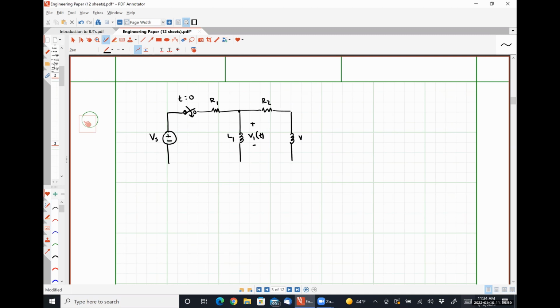Here is a voltage V2 as a function of time. And I'm also going to define my inductor currents, like so.